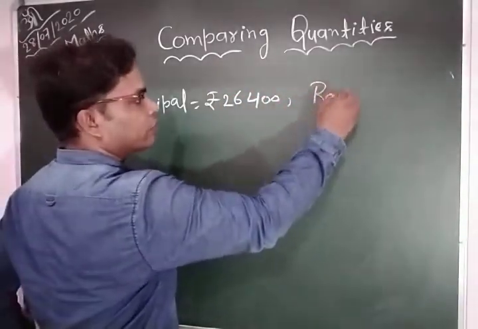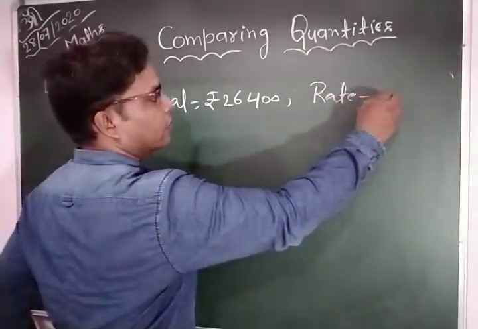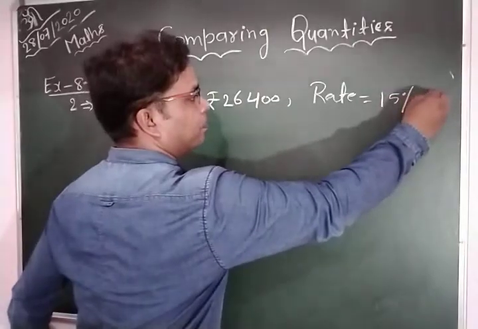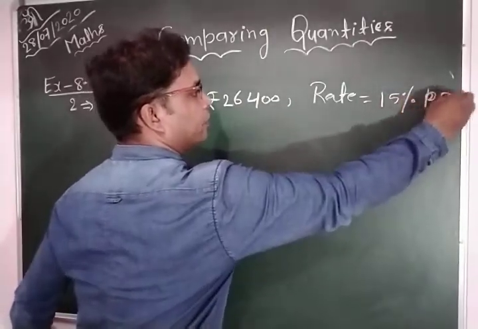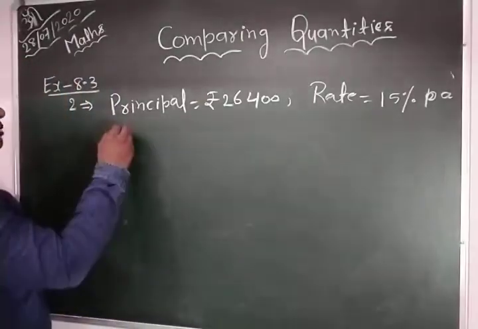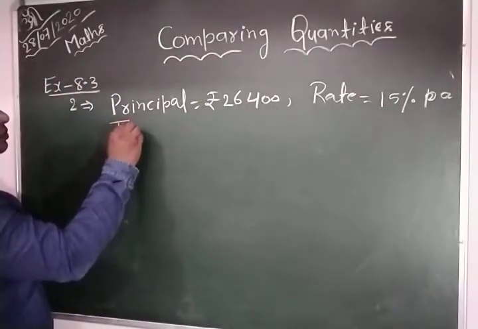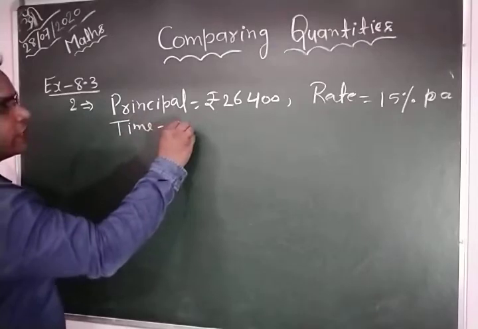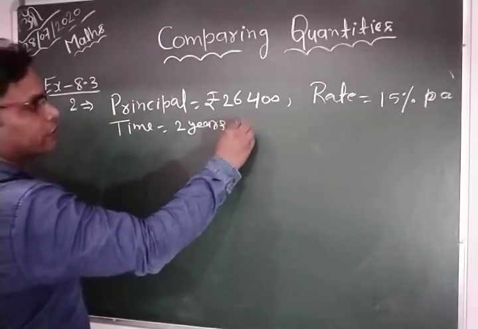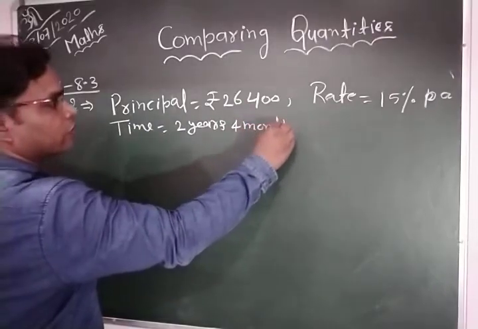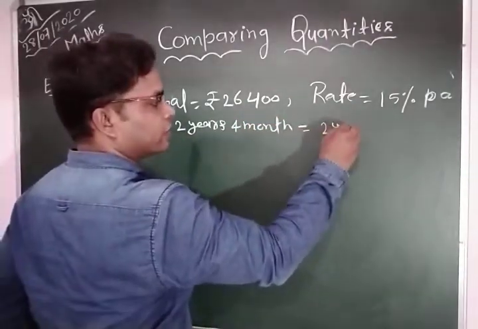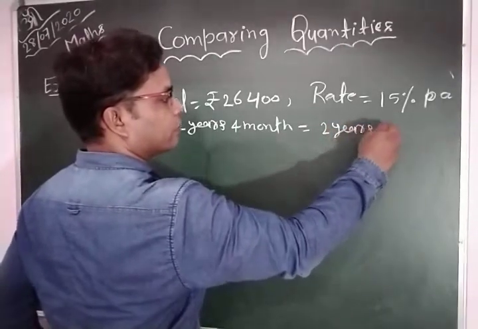Rate is equal to 15% per annum, and time is equal to 2 years 4 months. So we write it as 2 years plus 4 months.